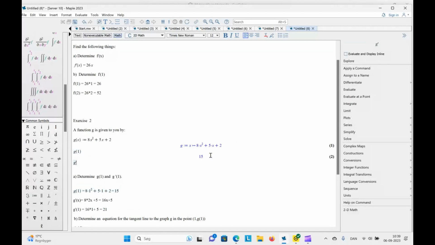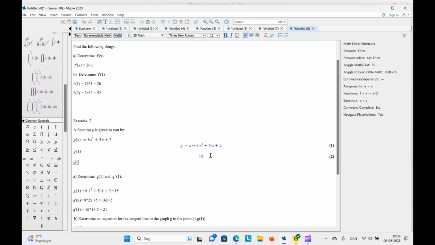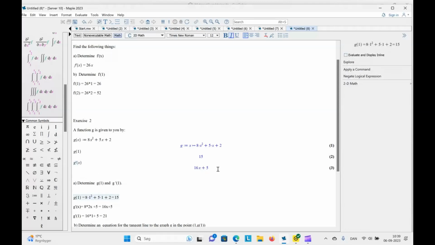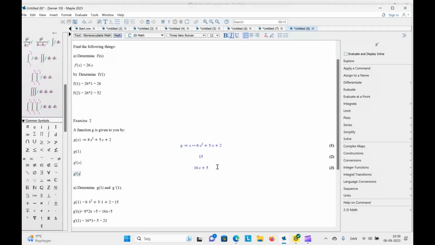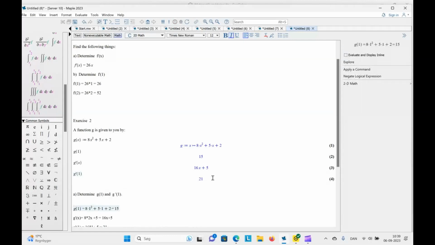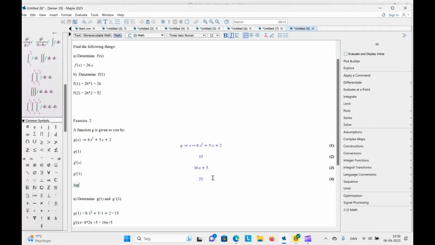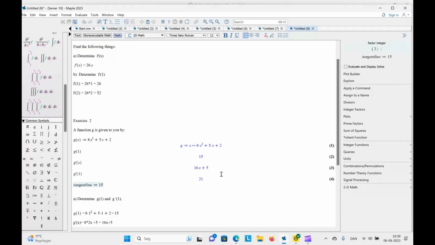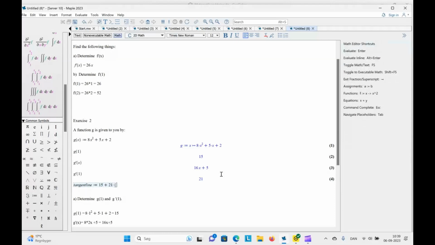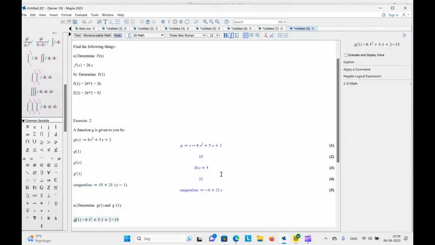And then we calculate g mark of x, which is also correct, and g mark x equals to 1, which is 21, and we calculate the tangent line function here. 15 plus 21 multiplied by, and adding a parenthesis, x. That's the tangent line function.